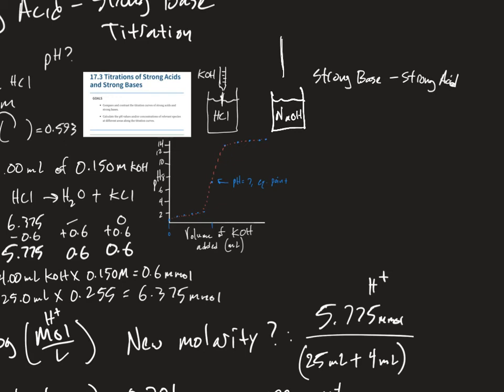And then on our burette, we have HCl. So if we started with, for example, 25 milliliters of 0.1 molar NaOH, what would the starting pH be? Same type of problem. The starting pH is determined by the pOH, which is the negative log of the molarity of the NaOH, and you get the pH from there.